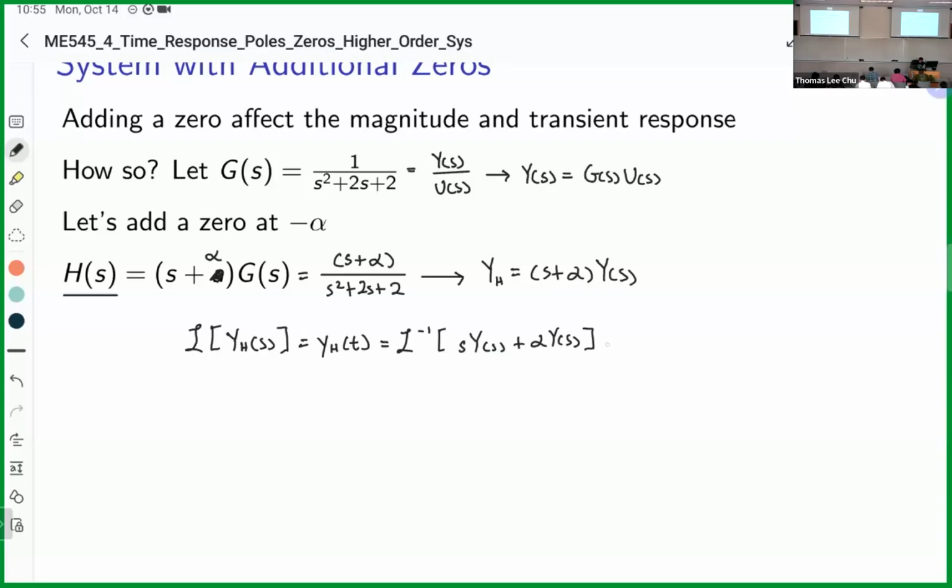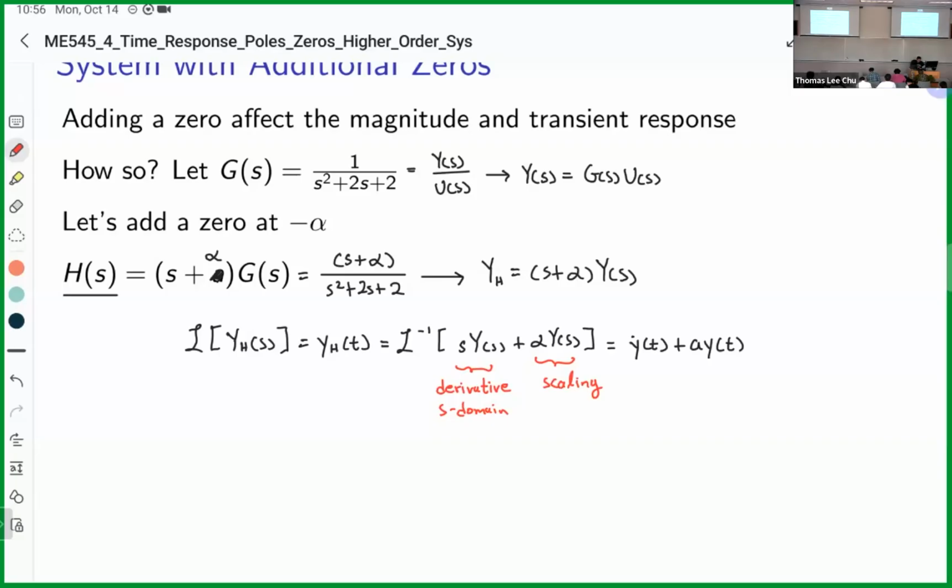And then when I take the inverse Laplace transform of that, I get Y dot of T plus alpha Y of T, because this is the derivative in the S domain, and this here is just scaling of Y of T. At steady state, Y dot is 0 because the derivative is 0 at steady state, because nothing's moving.